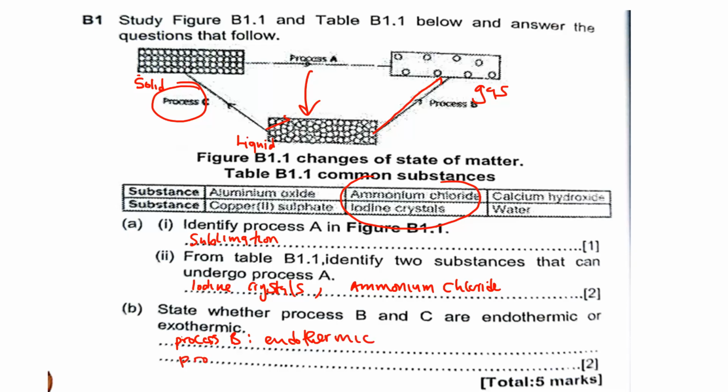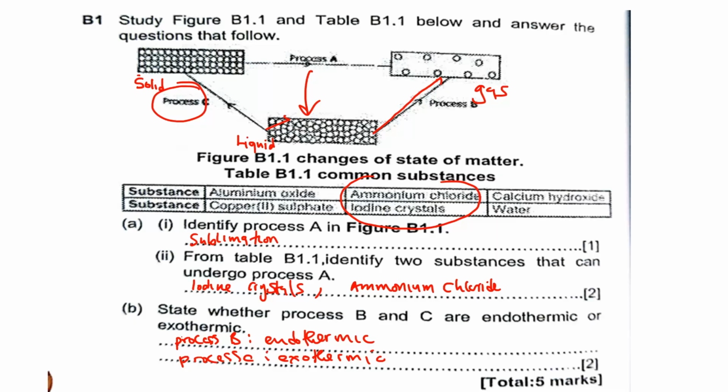Process C is exothermic. As simple as that. So that is what you needed to write.